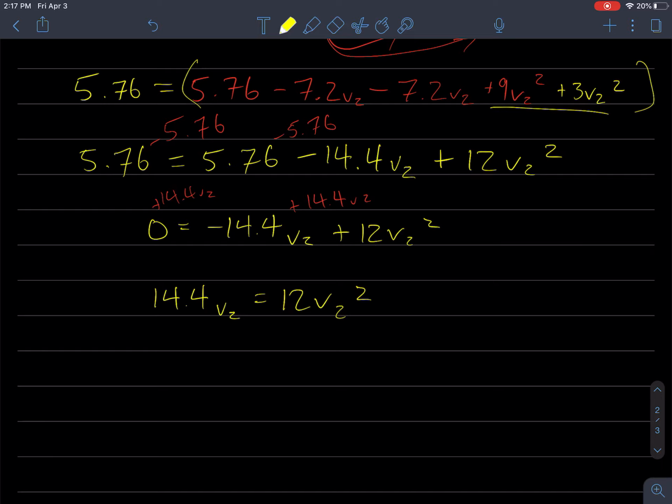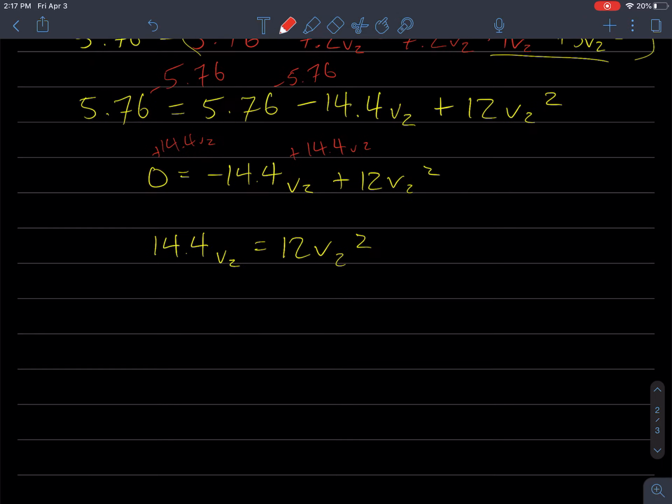In this case, a couple different things you can do here. But let's do it in this particular order. Let's go ahead and divide both sides by 12. Actually, we can just do this. We'll just divide both sides by 12v2, right? Because that is a common factor.